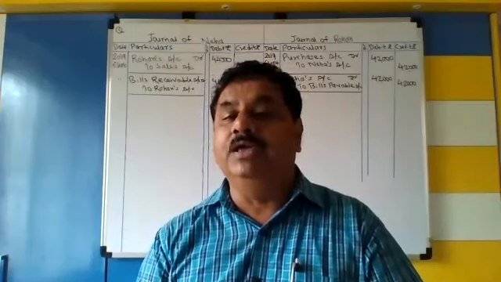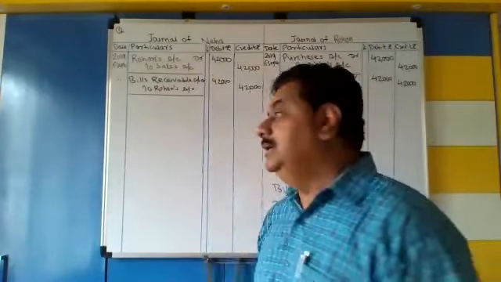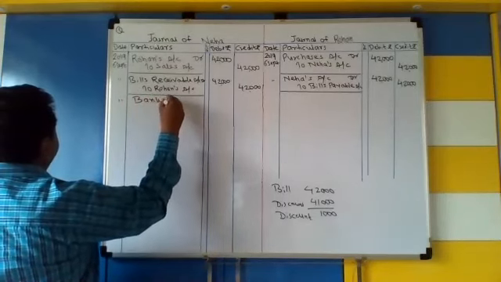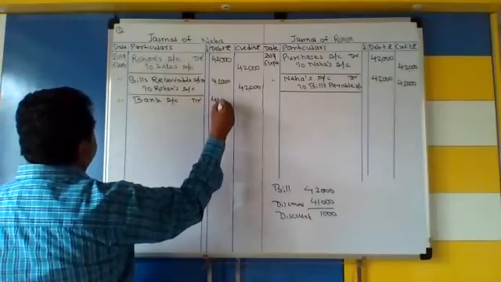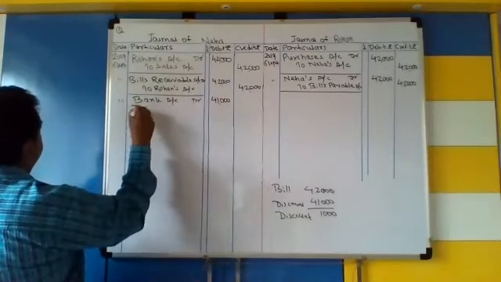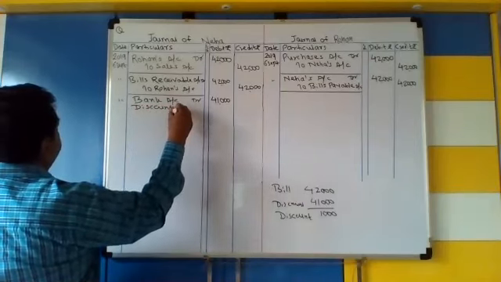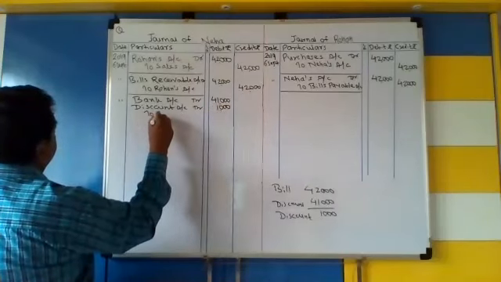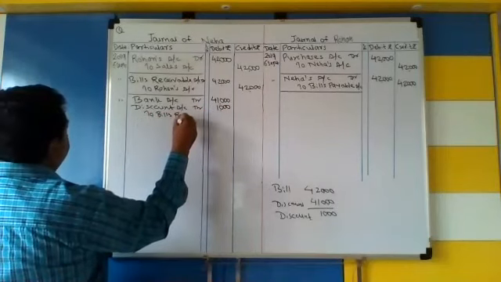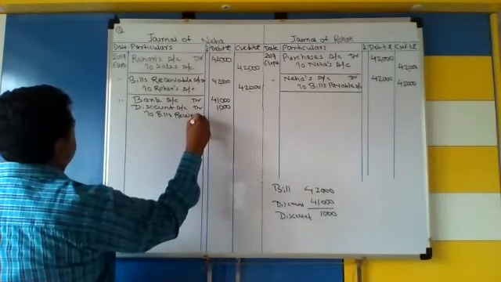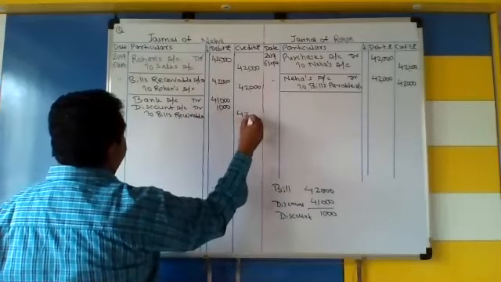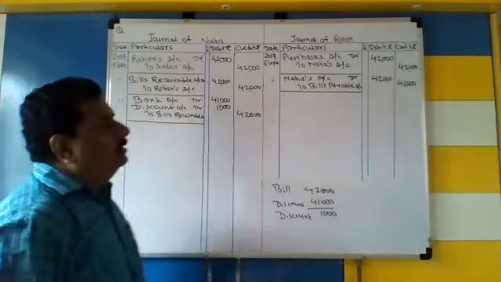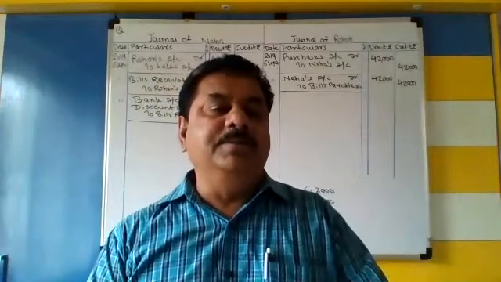Once you have practice, you need not check them. So the entry is bank account debit 41,000, discount account debit 1,000, to bills receivable account 42,000. This is the entry to be taken for discounting of the bill.